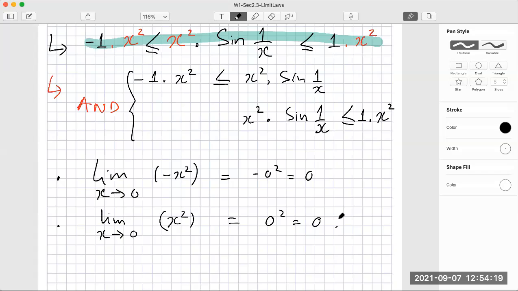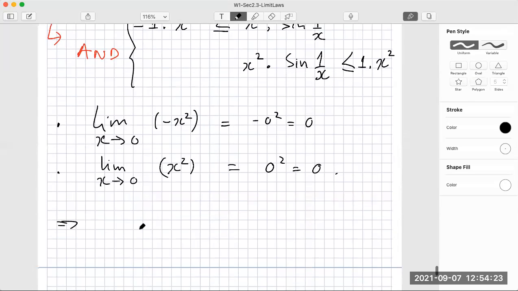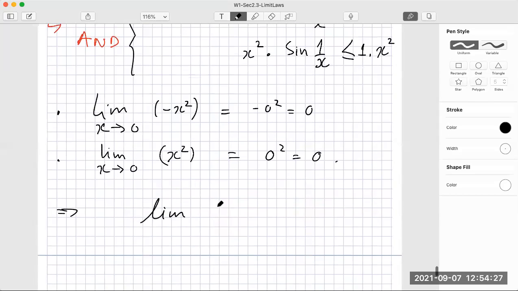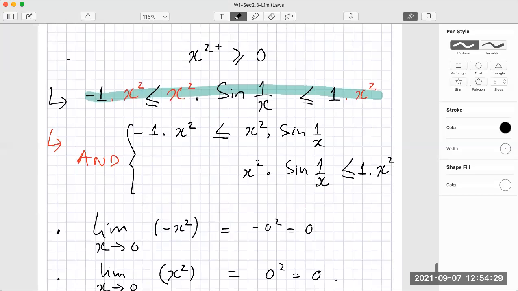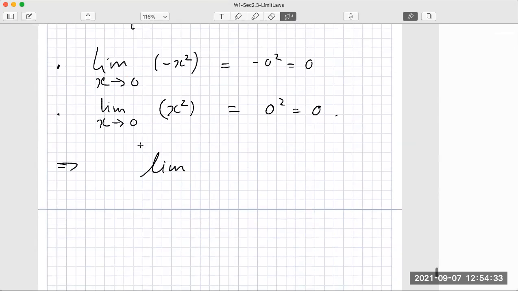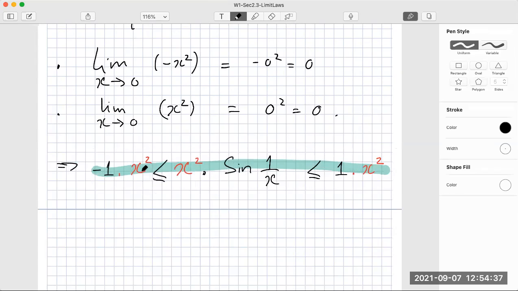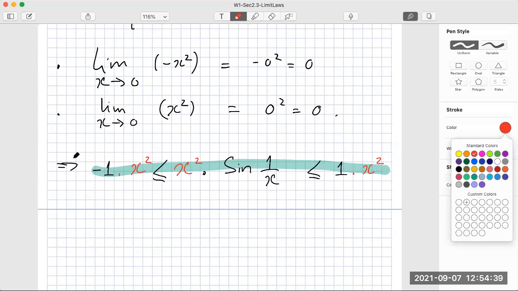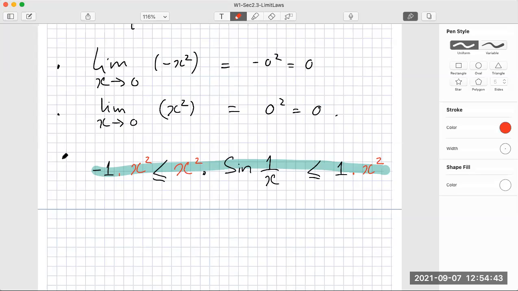So in the middle, what can we say? Yes. So we can simply copy it this way. So remember, if we take the limit, right?